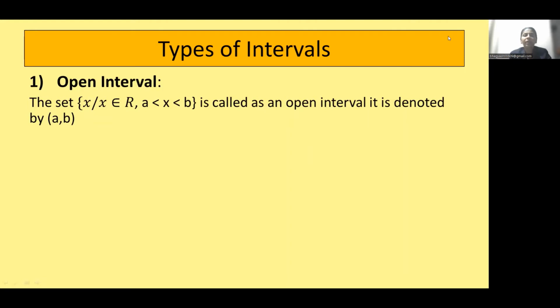So open interval AB does not contain the points A and B, but contains all the points in between A and B. Then the next type is closed interval.